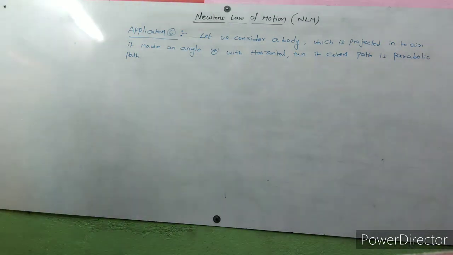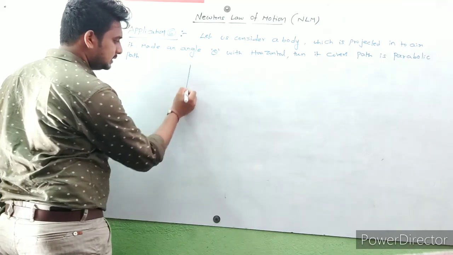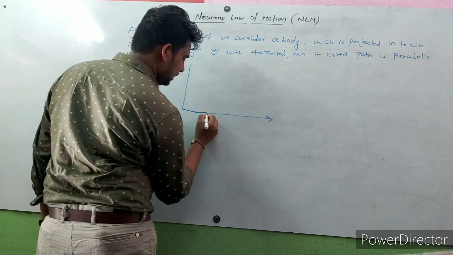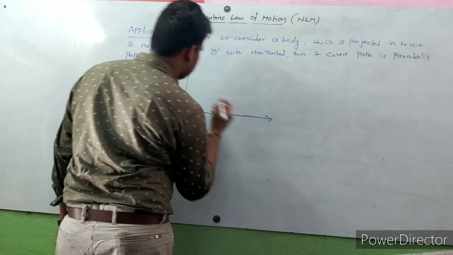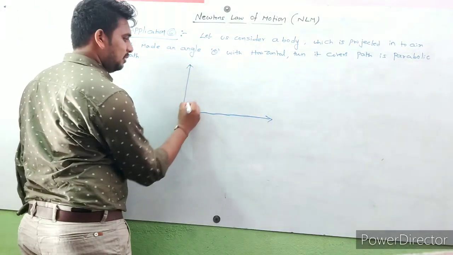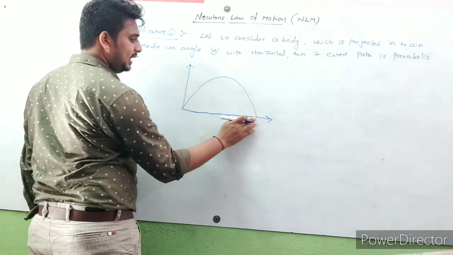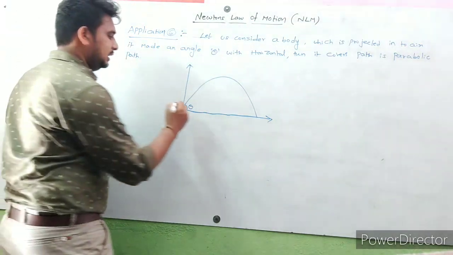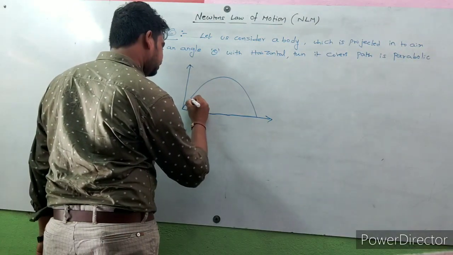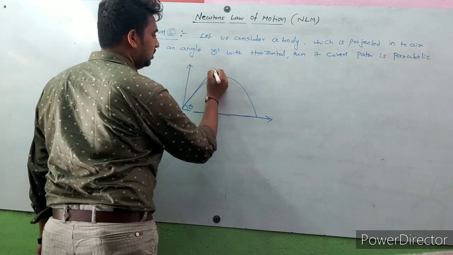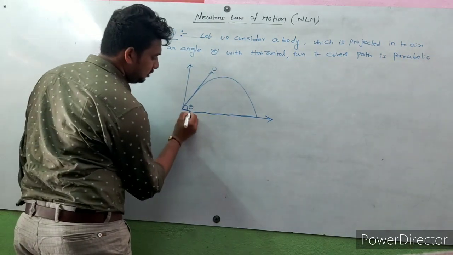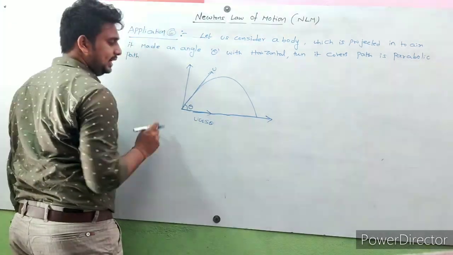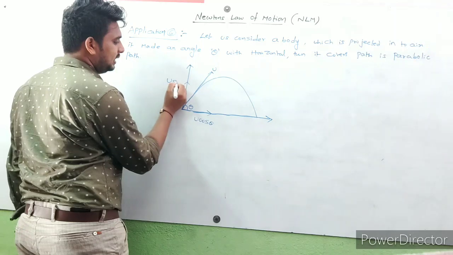Observe carefully. The body is projected upwards into the air, making an angle theta with the horizontal, with speed u. It splits into two components: u cos theta, adjacent to theta, and u sin theta.